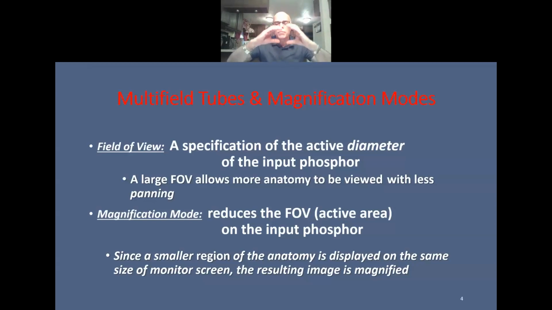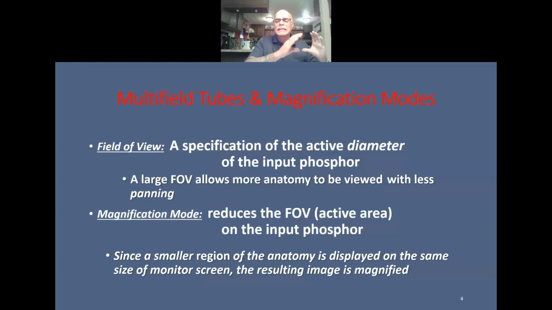We got less of them going in, even though they're going through that same process of being minified. But you've actually got less of them to condense down because we're using a smaller area of the input phosphor. Now, since a smaller region of the anatomy is displayed on the same size monitor, the resulting image is magnified, but it's less bright because of what I just said.